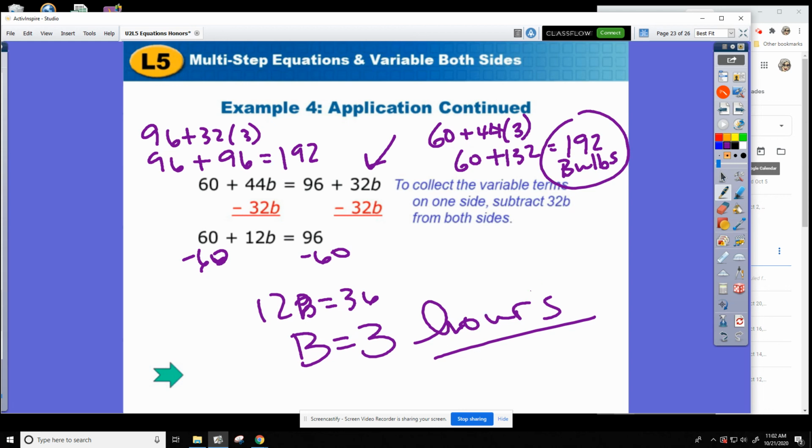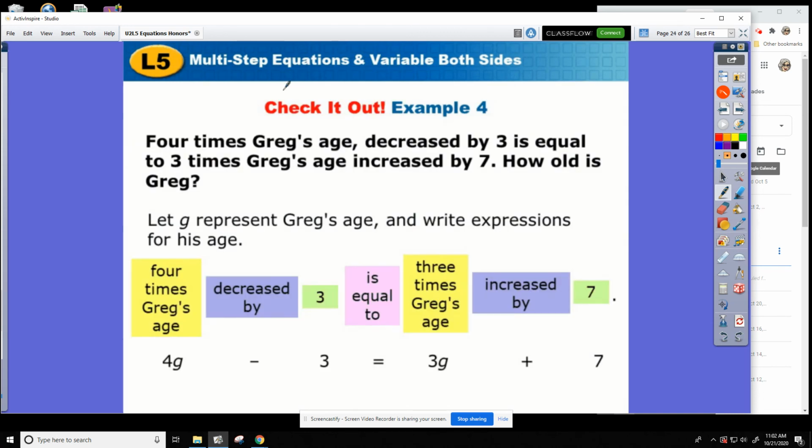Make sure you use units. 4 times Greg's age, so 4 times g decreased by 3 is equal to 3 times g increased by 7, add 7. So here's our equation.